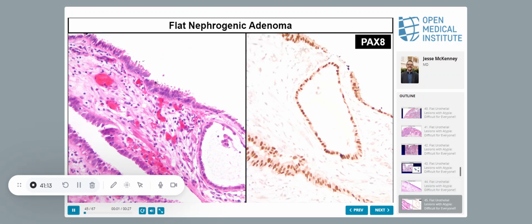They can kind of have these snouts. If you see the cysts or the small tubules underneath, it's easier because this is more classic nephrogenic adenoma. If you want to do it, you can do a PAX8, and they will be positive if that makes you more comfortable. But this is pretty characteristic of flat nephrogenic adenoma, which is benign.